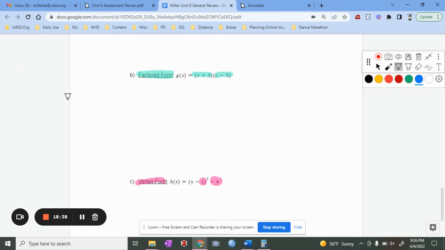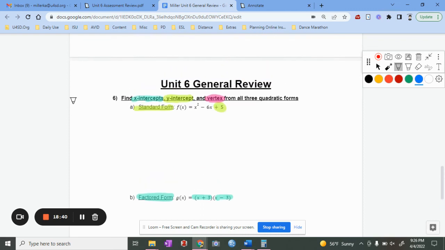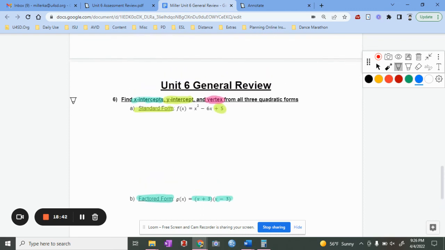Now, we can find additional information from each form if we take the time to make a table, and maybe even sketch a graph. You will have those tools available to you using your TI-30XS calculator or just doing some good old paper and pencil math, making that table of values.